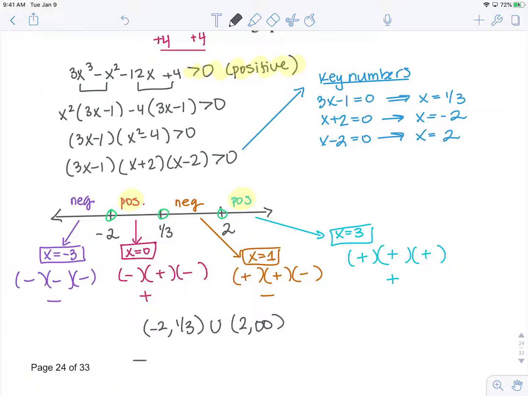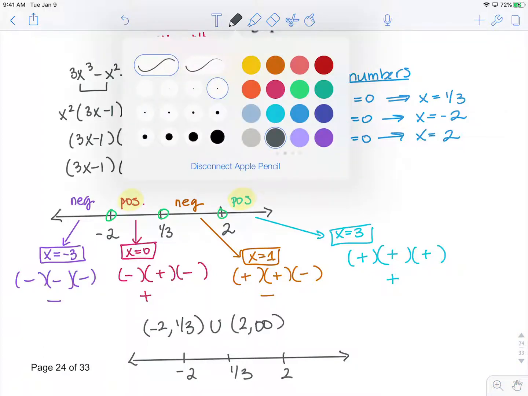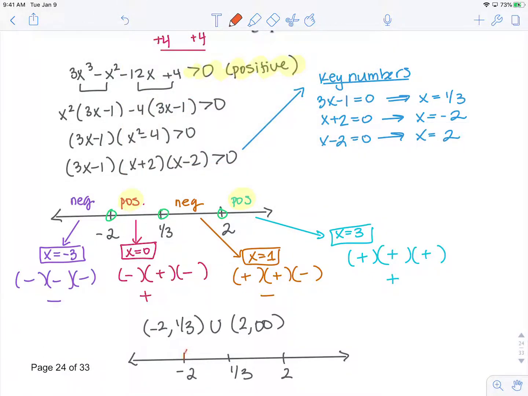And if I graph that on a number line, negative 2, 1/3, 2, I will have parentheses here to show we want all x values in between there, and parentheses there all the way until infinity. So we have all x values in the intervals where we tested and they came out positive, because we were looking for when the polynomial was greater than 0.